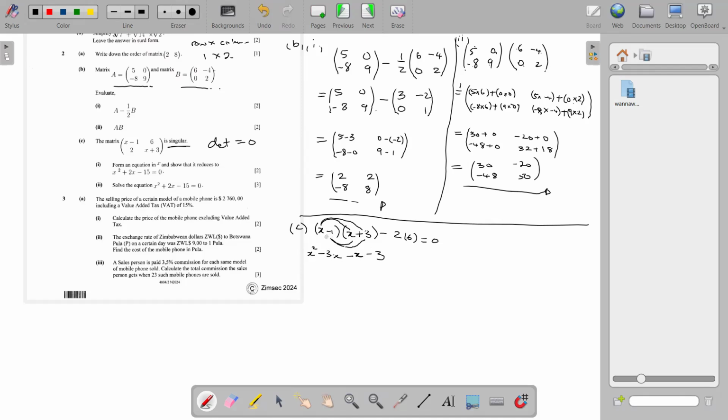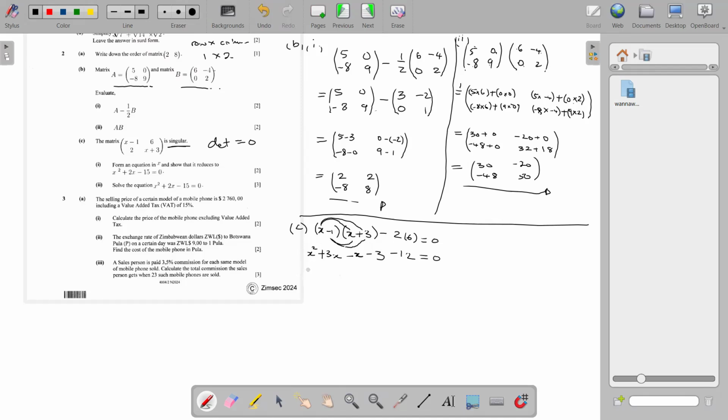It's x squared plus 3x, then minus x, minus 3, minus 12 here is equal to 0.